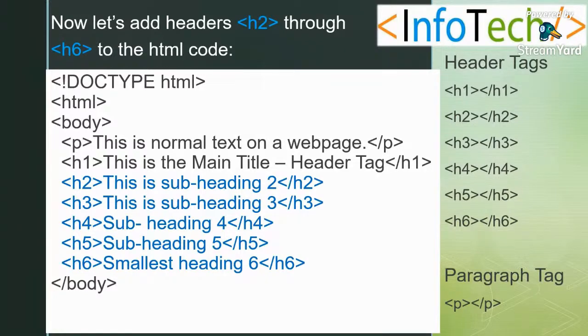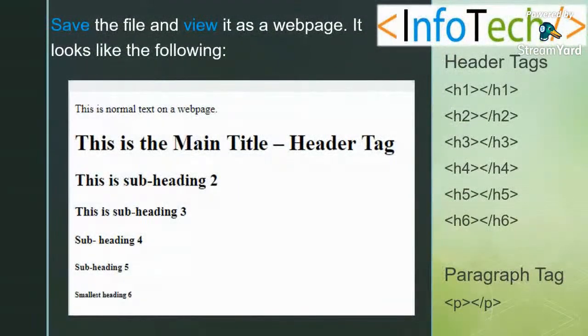Let's take a look. So you want to save the file and view it as a web page. The web page is below, and this is how everything looks. Earlier we put in the P tag, and inside of that P tag was just regular text that you would see on a web page.